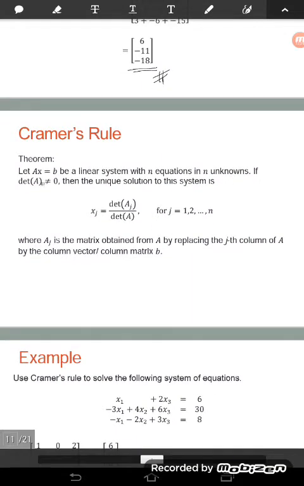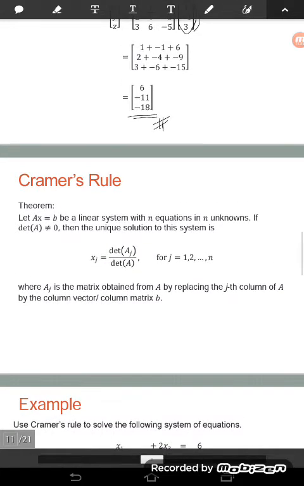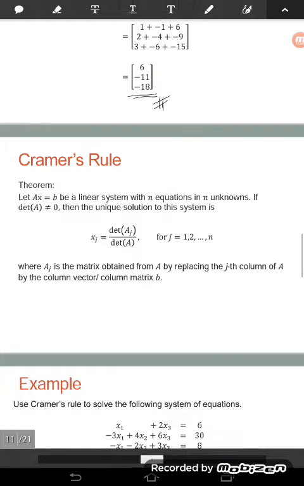If the determinant of A is not equal to 0, then the unique solution to this system is xj equal to the determinant of Aj divided by the determinant of A. Here, xj, if you look at the earlier question, represents x, y, z. So x1, x2, x3.